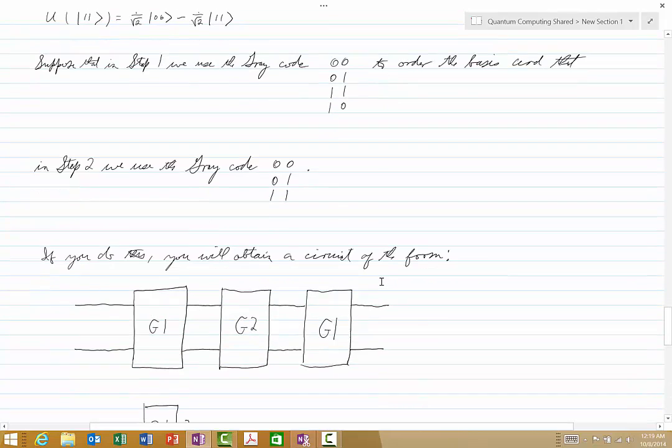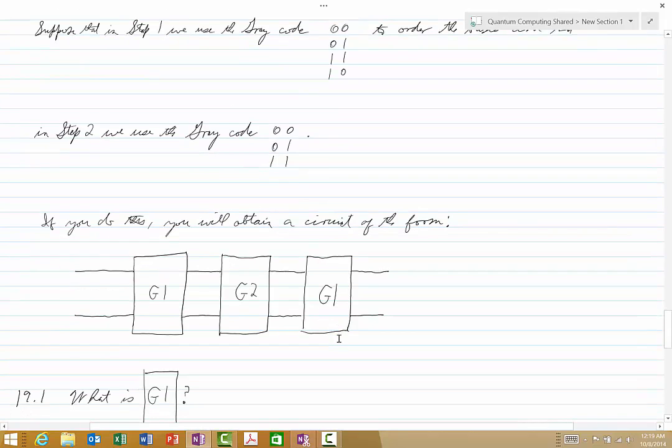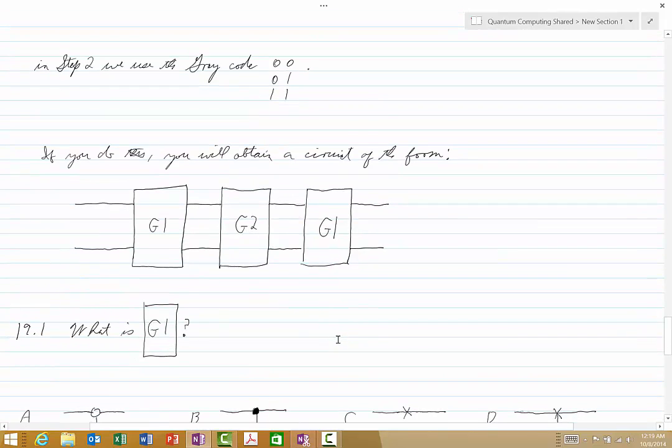And I'm claiming that if you do that, then the circuit that you will obtain will have this form: G1, G2, G1. And so now your problems.